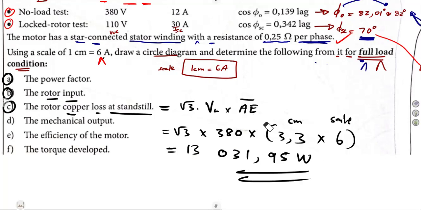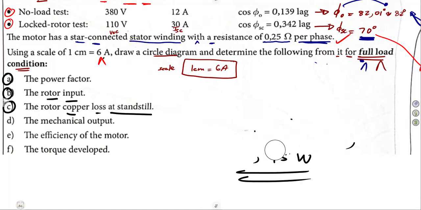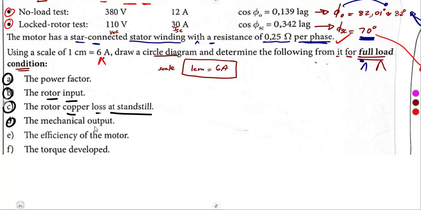Another part of the question was now to determine the mechanical output. Whenever we are asked to calculate the mechanical output, they want you to calculate the rotor output. This one is the rotor output at any condition, not at standstill, at any condition. So remember the rotor output at any condition.